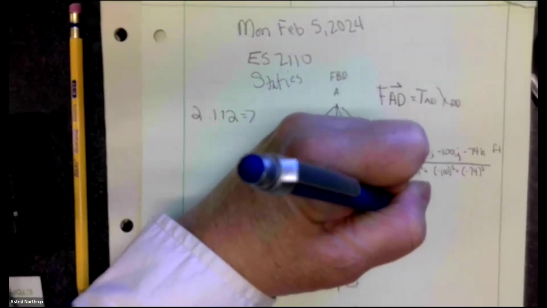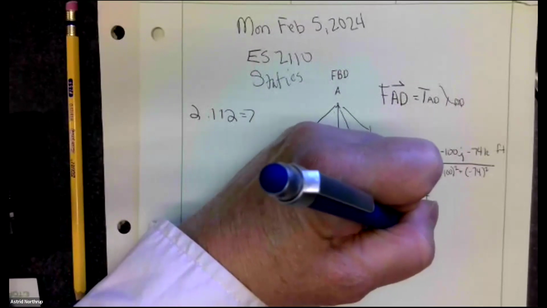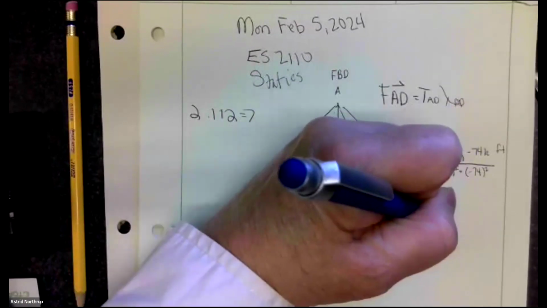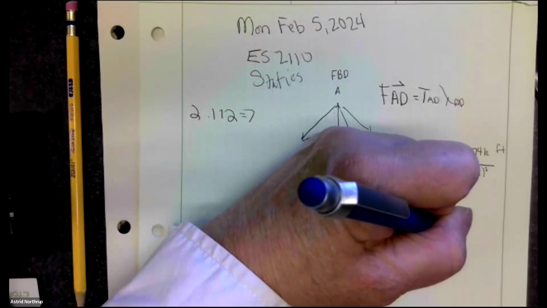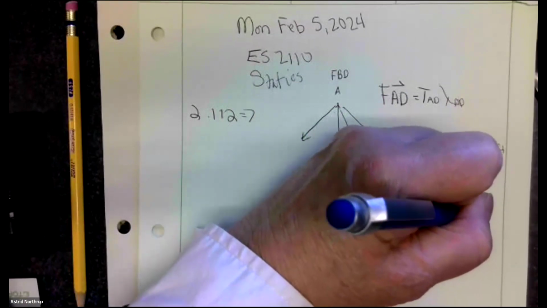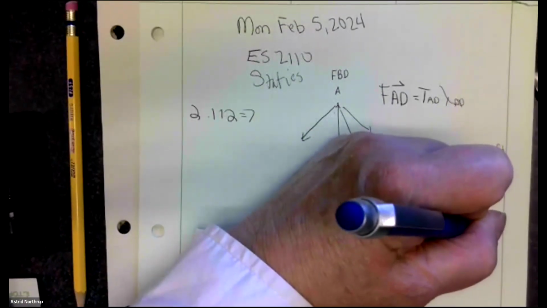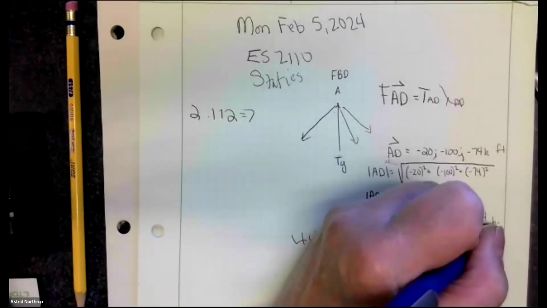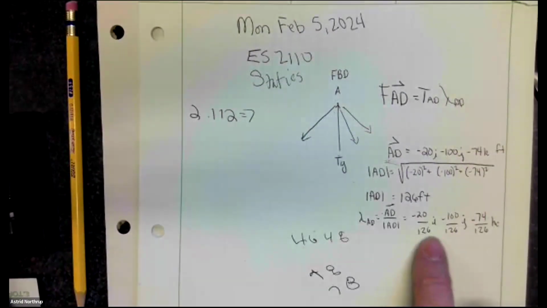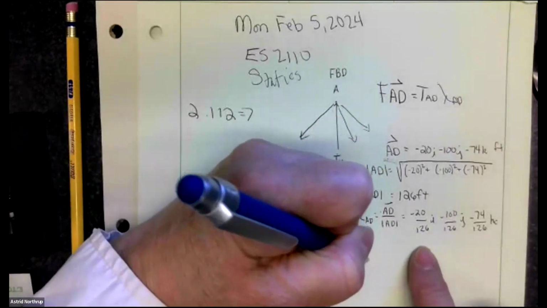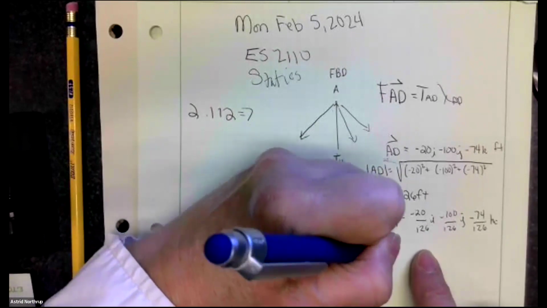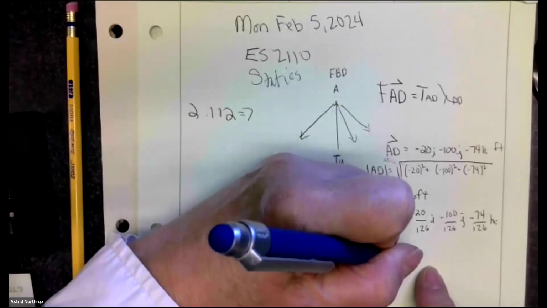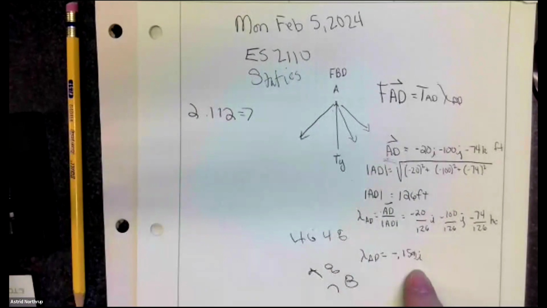Anyway, negative 20 feet over 126 I minus 100 over 126 J minus 74 over 126 K. And we can simplify that. You can either write these as simplified fractions, or you can just do the math and divide it out to get a decimal. So 20 divided by 126, lambda AD then is negative 0.159 I.